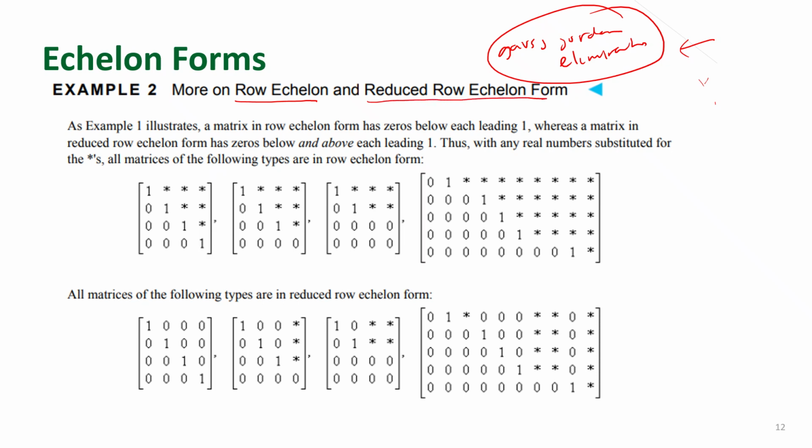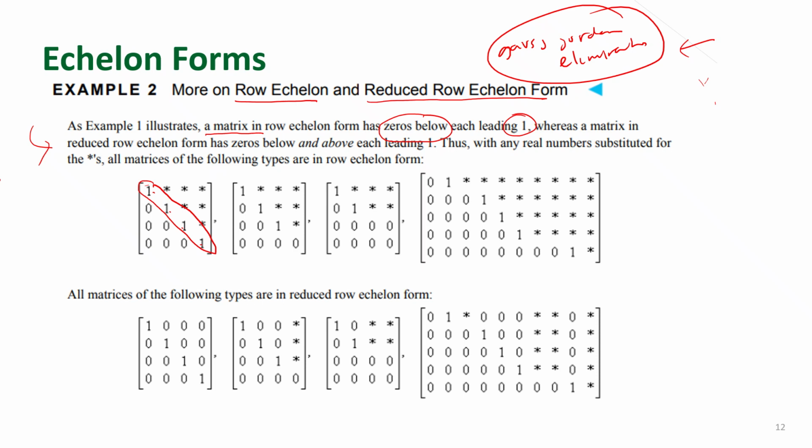So again, to illustrate what the row echelon form and reduced row echelon form are, for example, here a matrix in row echelon form has 0 below each leading one. Leading one means this in the diagram. Okay, all of these are leading ones.